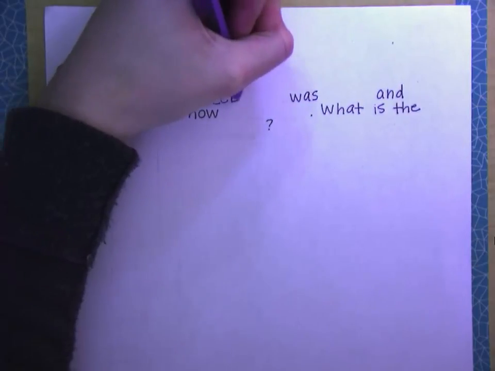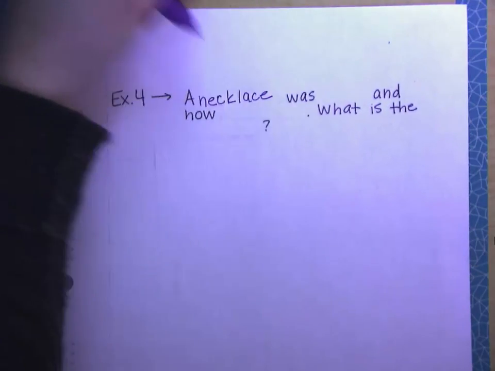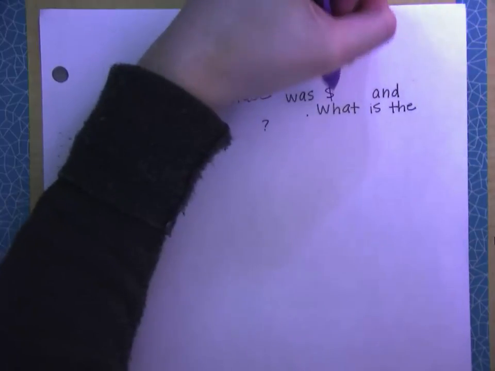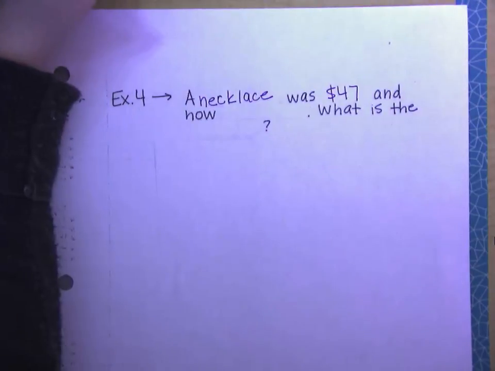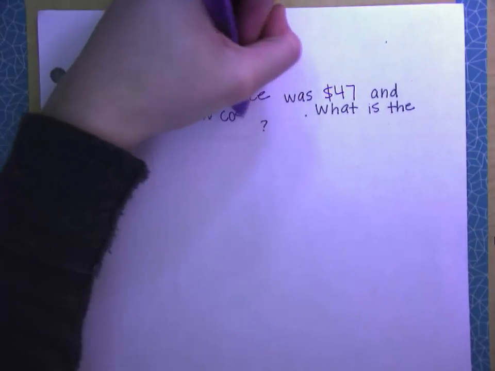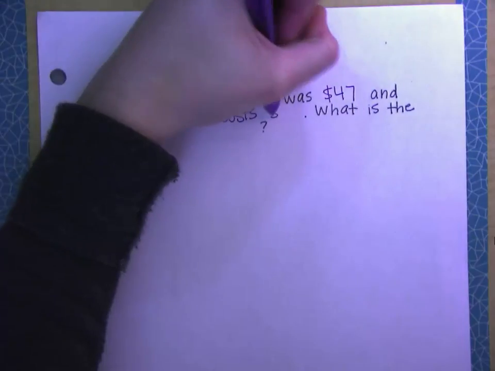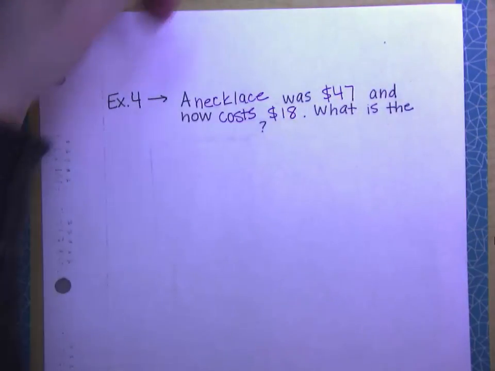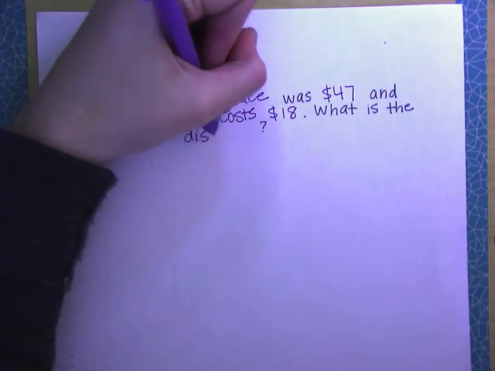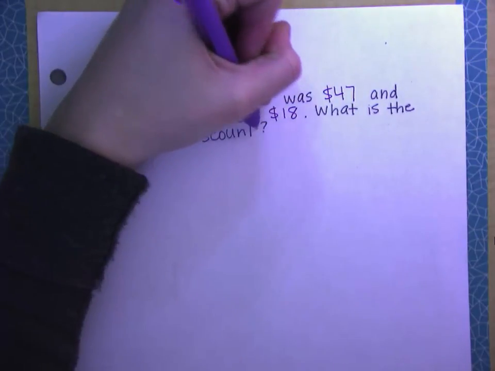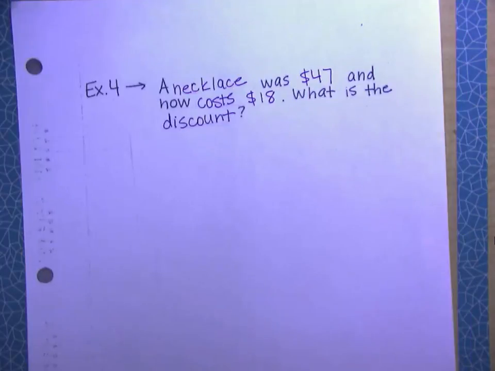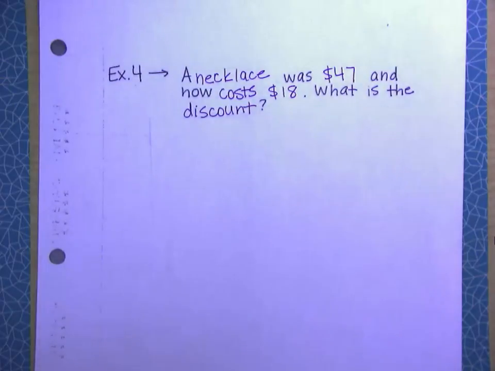Okay, so in this example, it says a necklace was $47 and now costs $18. What is the discount? So a necklace was $47 and now costs $18.